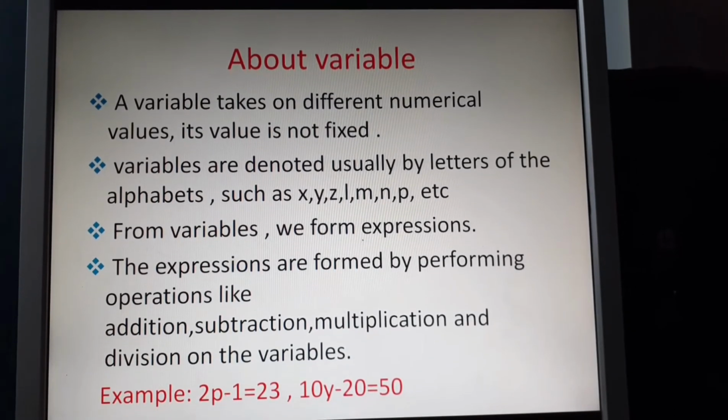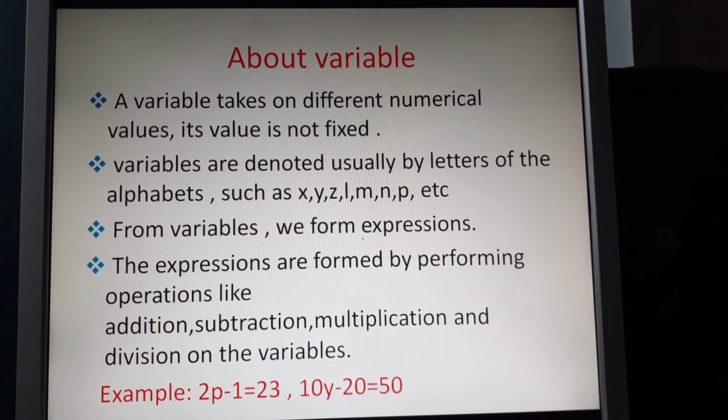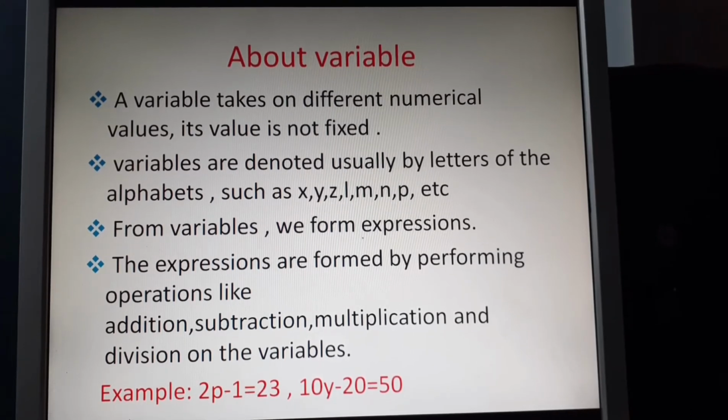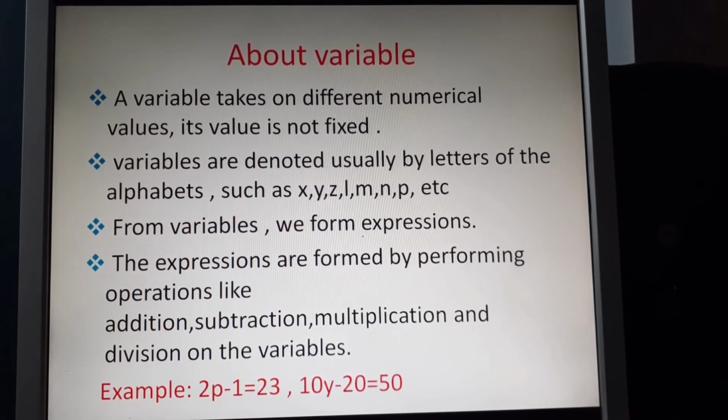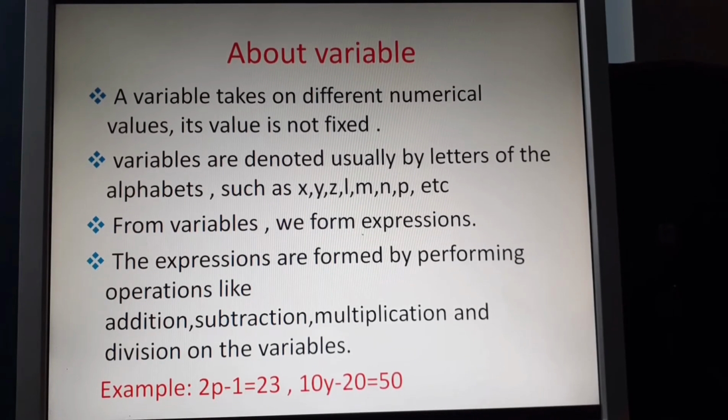About variable. An equation is a condition on a variable. The word variable means something that can vary, that is change. A variable takes on different numerical values. Its value is not fixed.